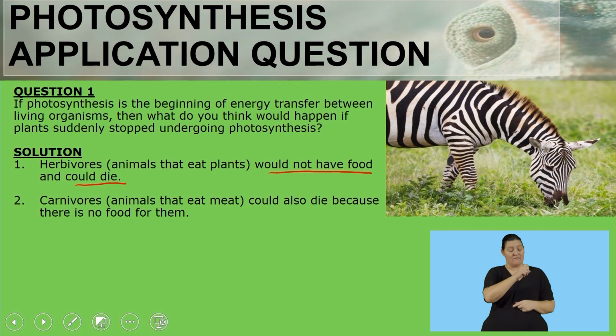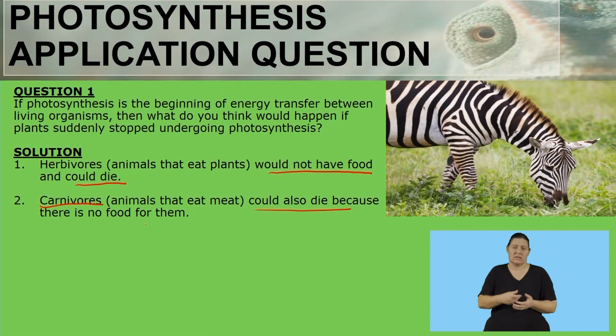Then if our herbivores die, guess what happens? Carnivores. Carnivores are animals that eat meat. So they don't eat plants, they eat meat. They get their energy from eating meat. So now, these carnivores could also die. Why are they dying? Because their source of food is dead. If the herbivores are dead, then the carnivores have no animals to eat.